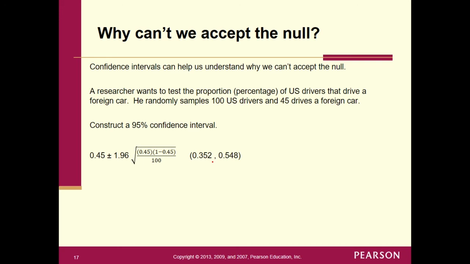So what we're saying is that we're pretty sure that P is located between 0.352 and 0.548. We think P is located between those two values, and so it can be any value within that interval of numbers.